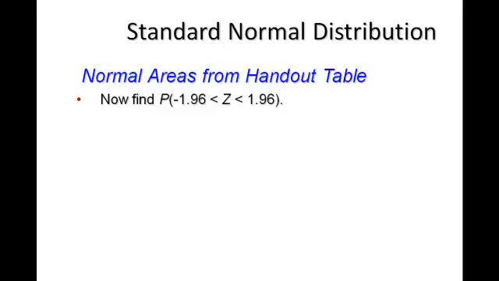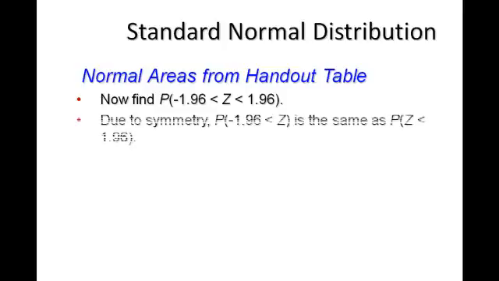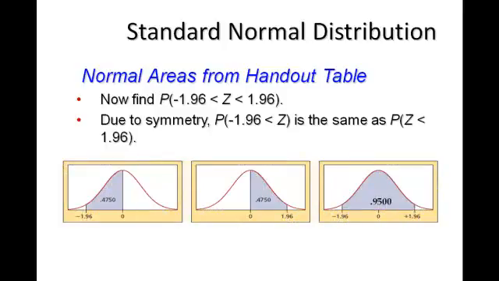So now you're asked the second question. Find the probability that Z lies within negative and positive 1.96. Well, that's a pretty easy one because of symmetry. An easy way to see it is if this is the mean, and this is our negative 1.96, the area under this curve is 0.4750. We've already used this one.